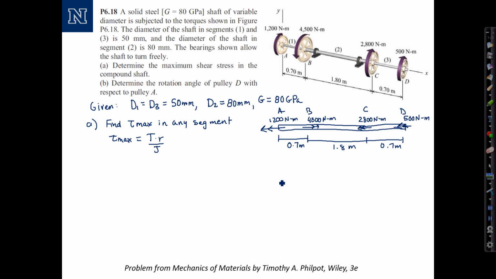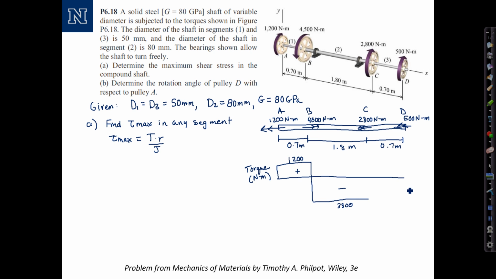Now we can draw our internal torque diagram, label it as torque with units of Newton meters. At point A, this is positive. The double arrow going outward is positive torque, so it jumps up by 1200 Newton meters. At point B, the torque is acting in the opposite direction, so we know it's going to jump down. 1200 minus 4500 is negative 3300.